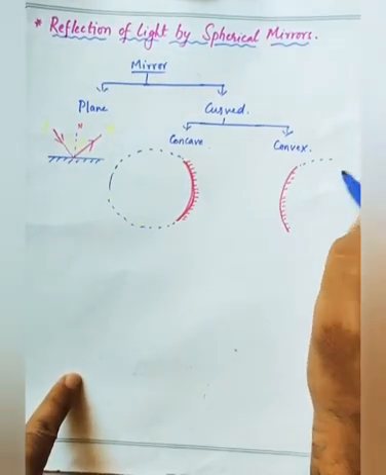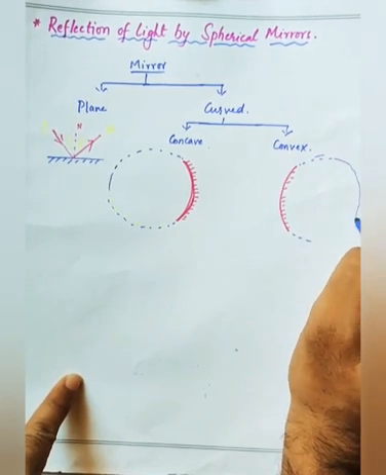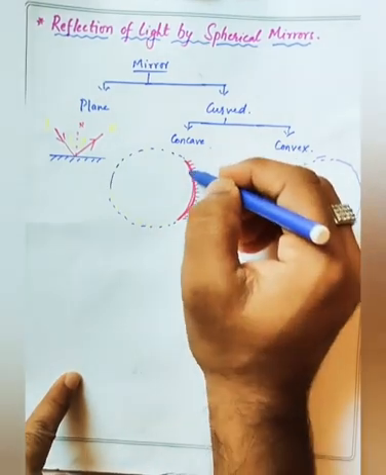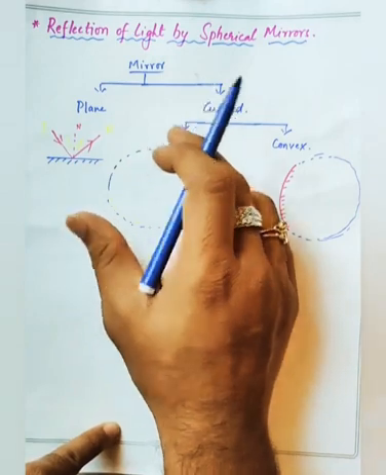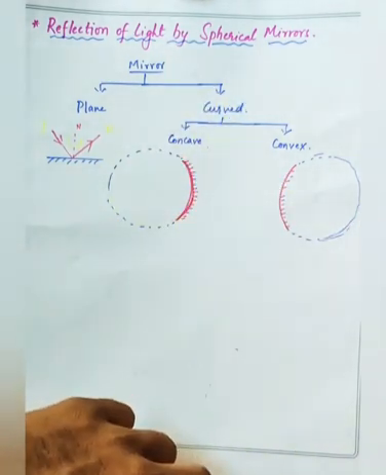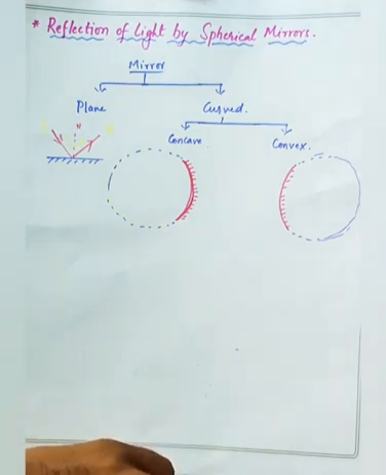So here also, this particular section is a part of a sphere. That's why it's called a spherical mirror. How will the rays interact with these spherical mirrors? Let us study one by one now.